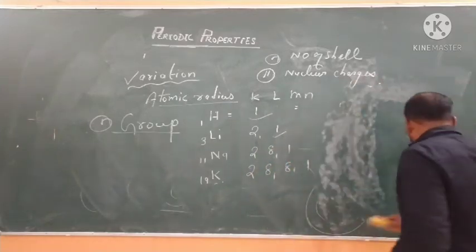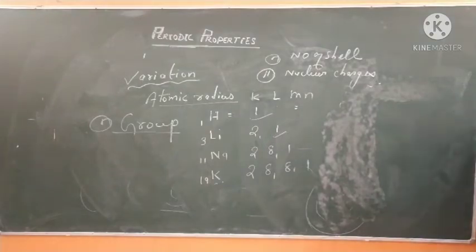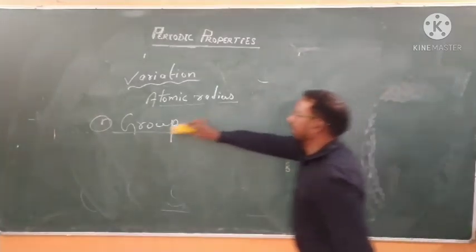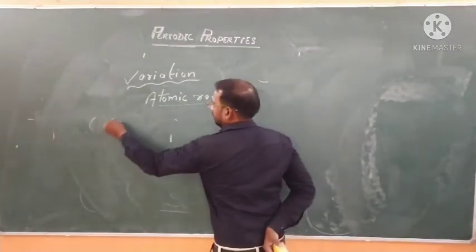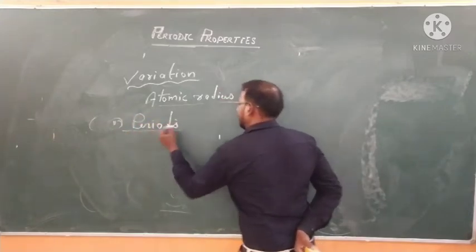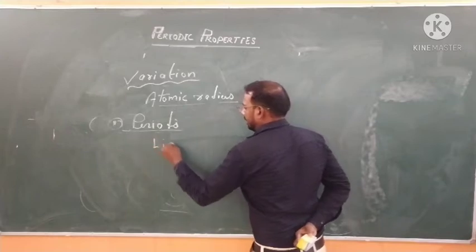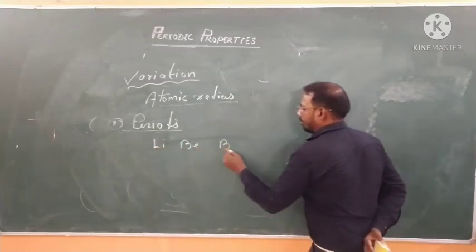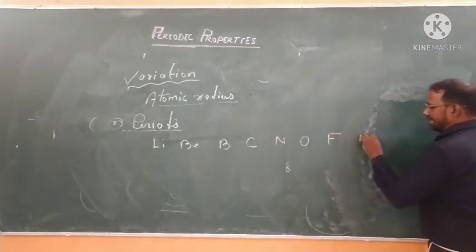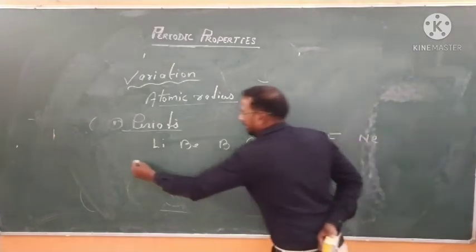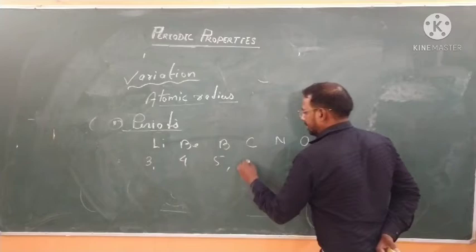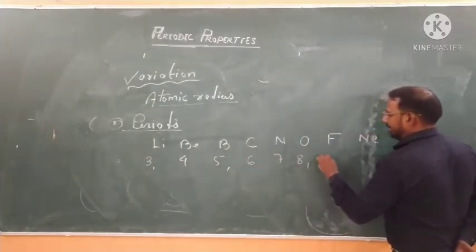But in the case of a period, let's take the example: lithium, beryllium, boron, carbon, nitrogen, oxygen, fluorine and neon. They are the elements, and their atomic numbers are 3, 4, 5, 6, 7, 8, 9 and 10.